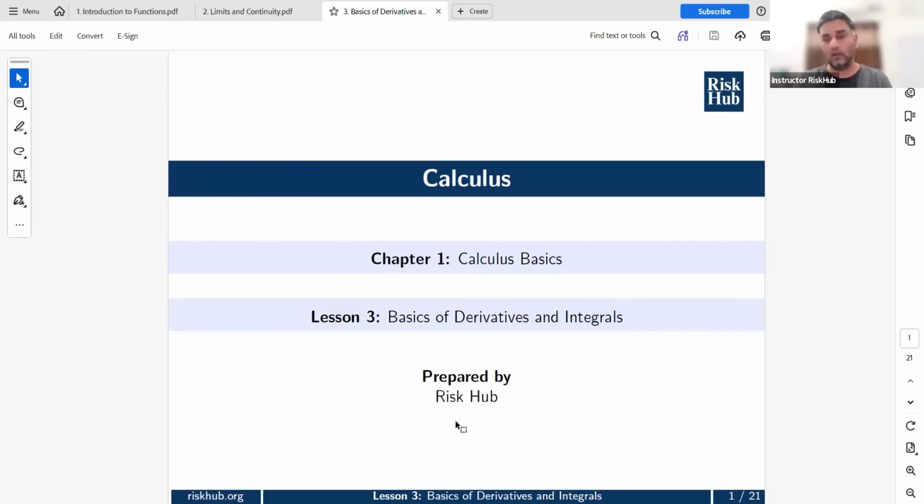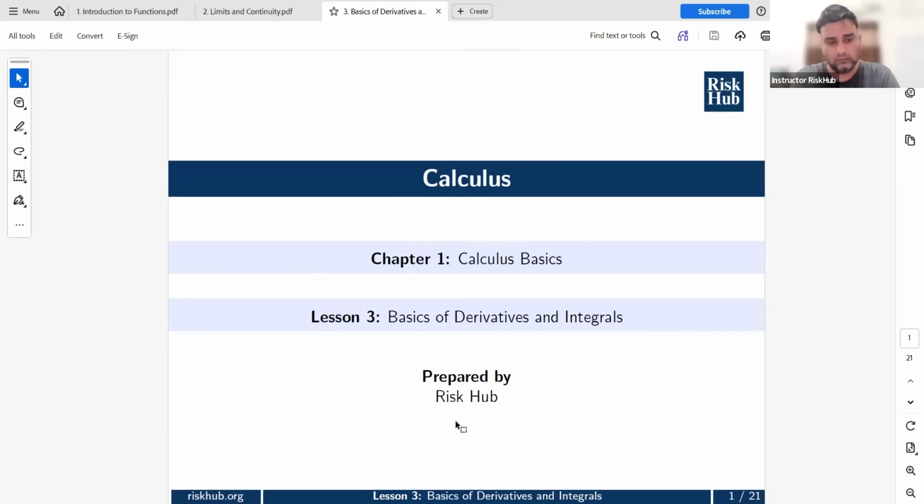Okay. So now we are doing lesson number three of chapter one, which is basics of derivatives and integrals. This is not your financial derivatives, guys. When we talk about derivatives, we are looking at it from the perspective of mathematics.